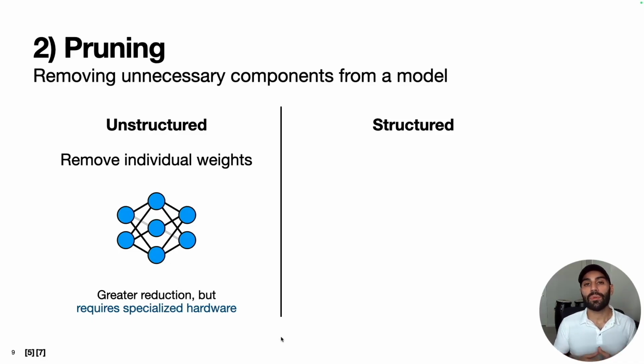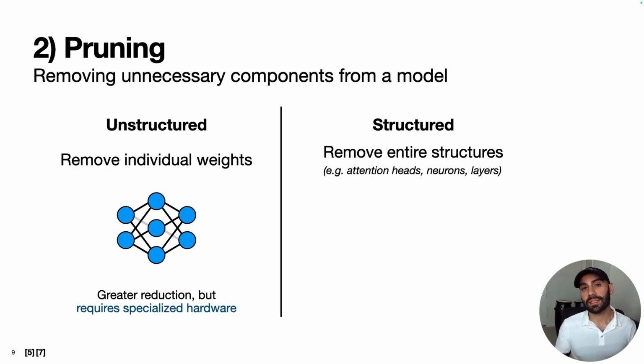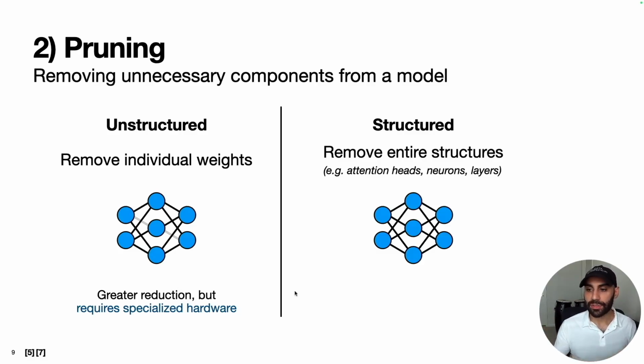On the other hand, we have structured pruning, which instead of removing individual weights, removes entire structures from the model. This can be things like attention heads, neurons, or even entire layers. So visually what this might look like is if this is our original model, we might remove this entire neuron from the model, which does not result in the sparse matrix operations that we see in unstructured pruning.